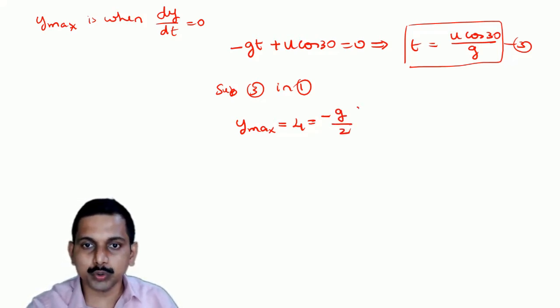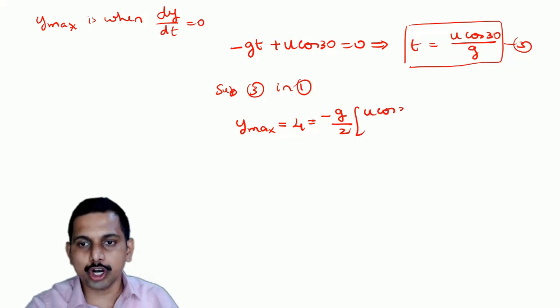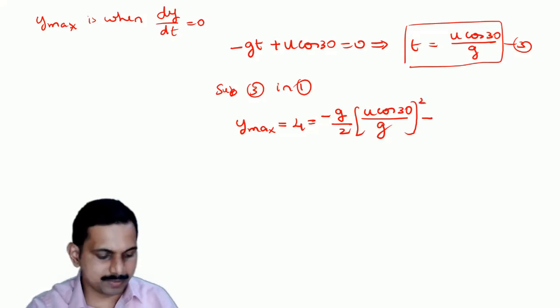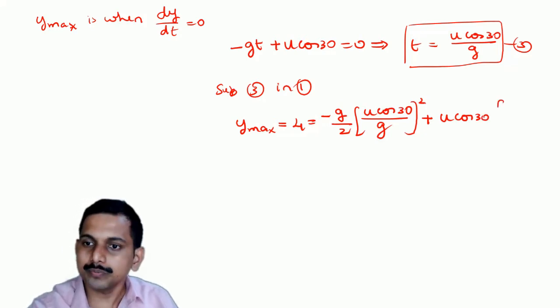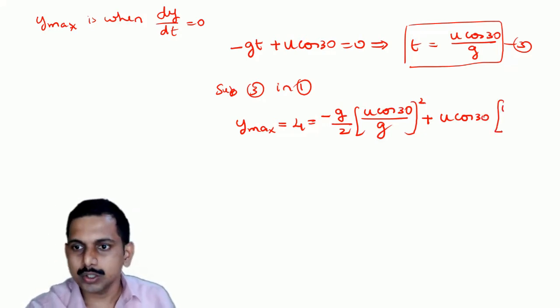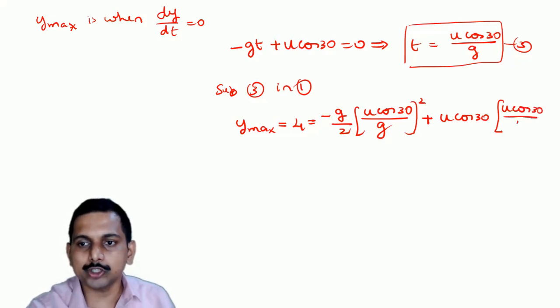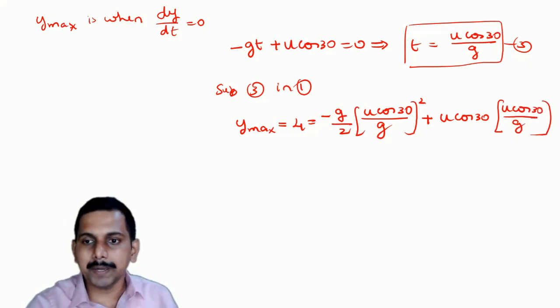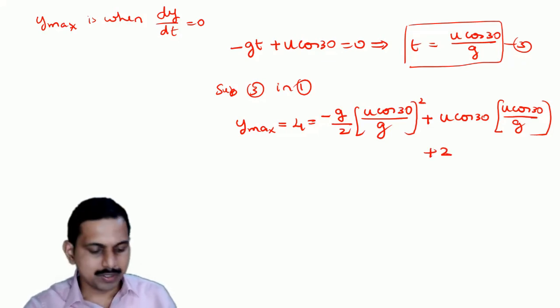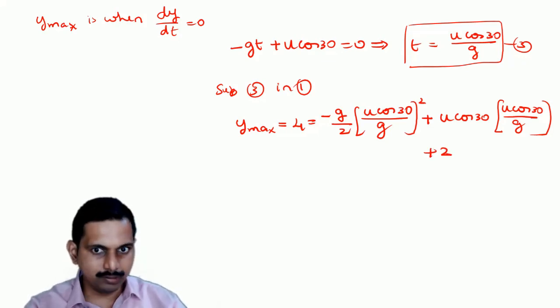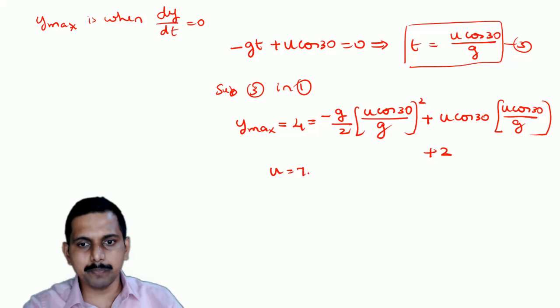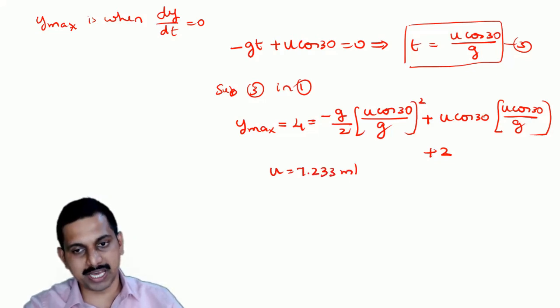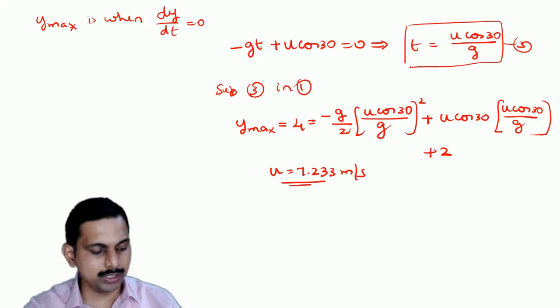So g by 2 into t square, where t is u cos 30 divided by g, the whole square, plus we have u cos 30 into time, ut, where your time is u cos 30 by g, plus the constant 2. Correct. Now when we solve this, I got my u as 7.233 meters per second. I may be wrong, my calculations may be wrong, I am just telling you the ways.